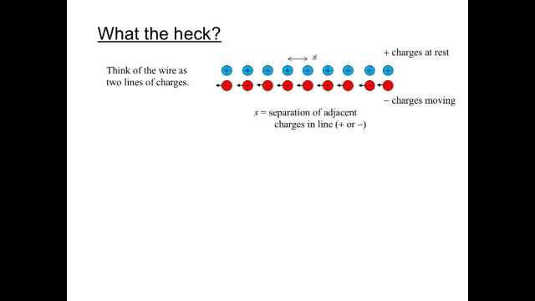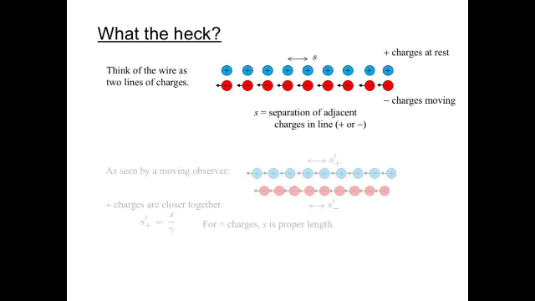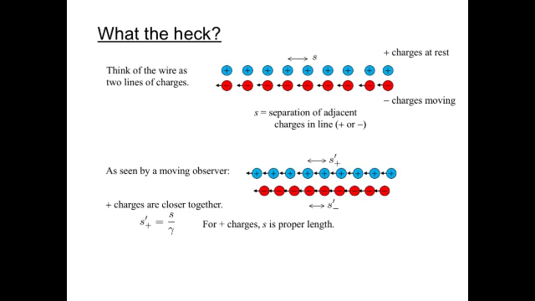So what happens when we look at this same arrangement of charges in a different frame of reference? As seen by the moving observer, the positive charges are, of course, closer together because of length contraction. They're closer together by the factor gamma, because s, that separation between the charges, is the proper length of the space between two atoms, and so we just divide it by gamma to get the spacing there.